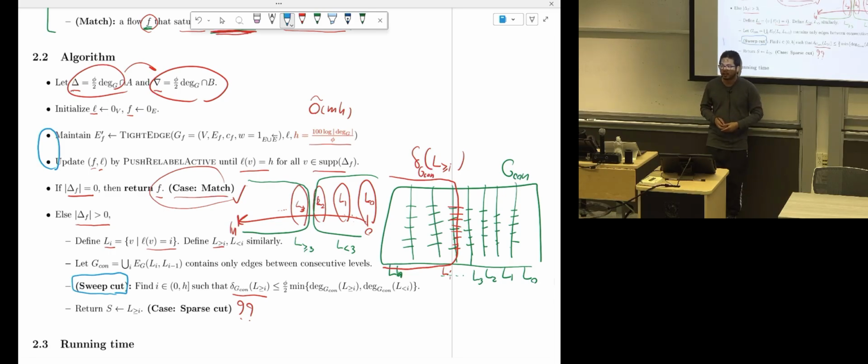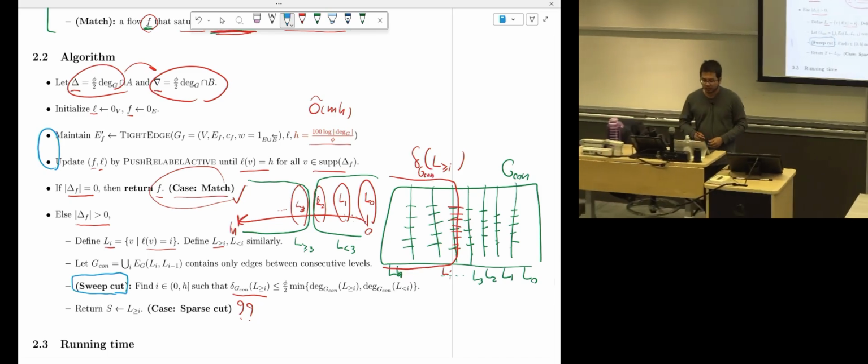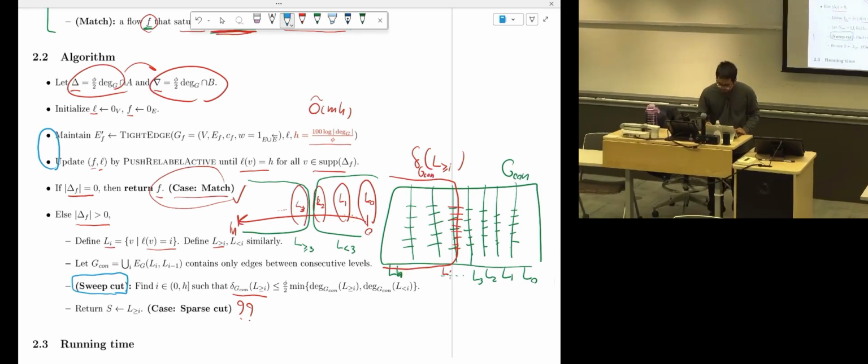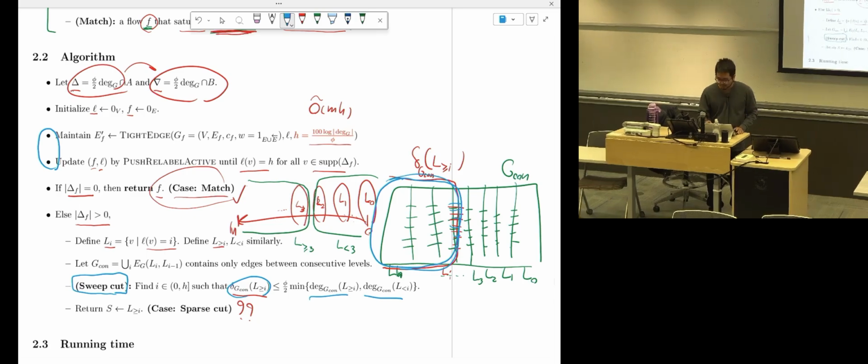How would we do it? We have G-con, and if we trivially just look at each i and check the cut size and compare with this thing, each comparison might take linear time, and you go to the next one, you might spend another linear time.